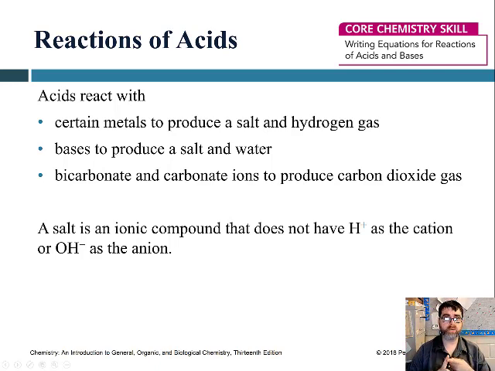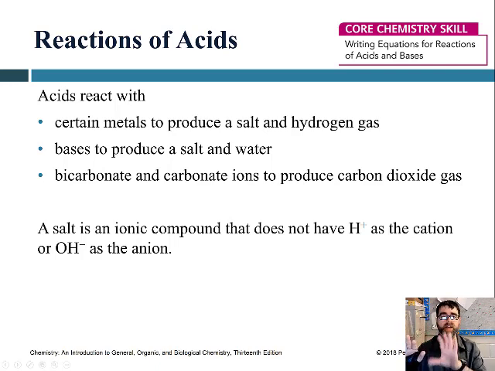But in general, many metals will react with acids, and when they do, they'll produce a salt. That salt would be the metal and the anion from the acid, and then that's releasing the hydrogen from the acid, those hydrogen ions forming hydrogen gas. Acids will react with bases to produce a salt and water. The acid and base, if they are of equal strengths and or concentrations, will neutralize one another, they'll cancel one another out.